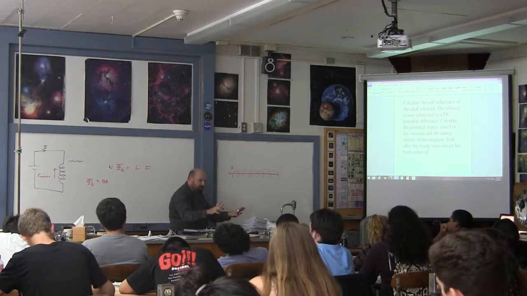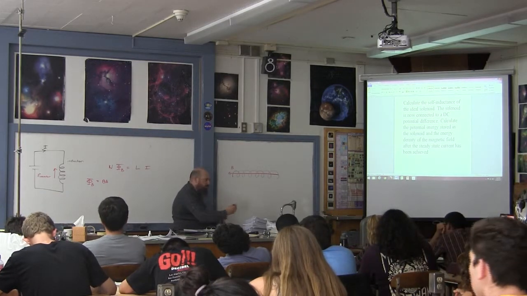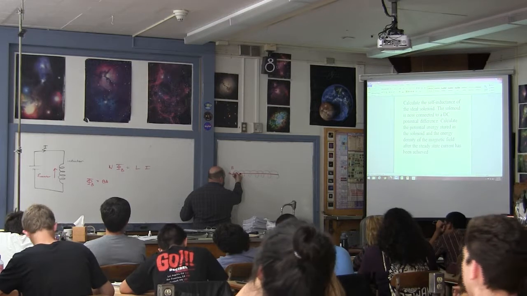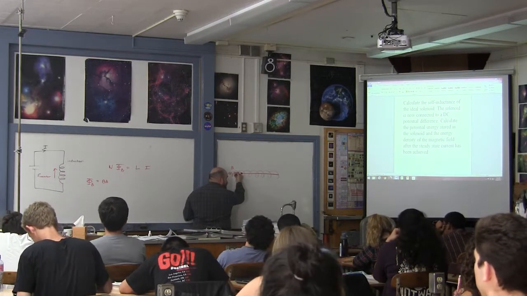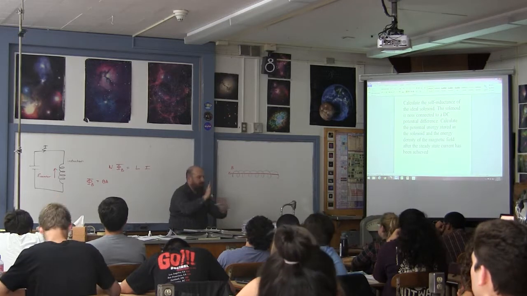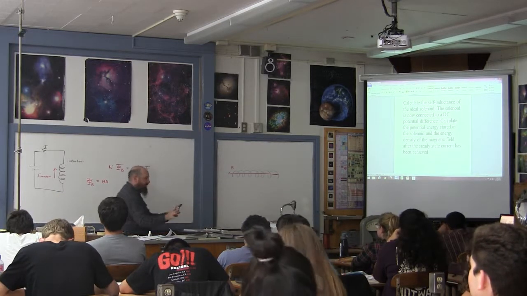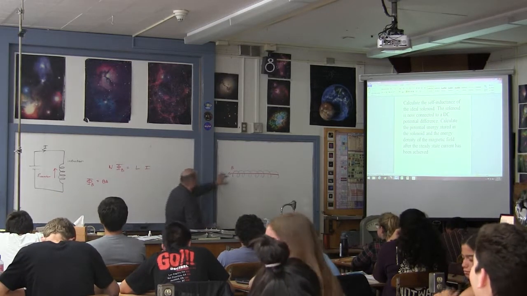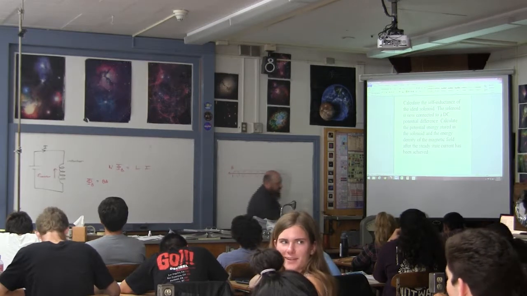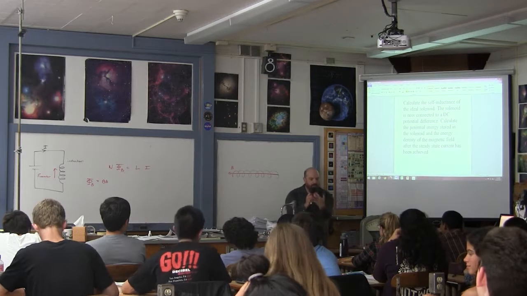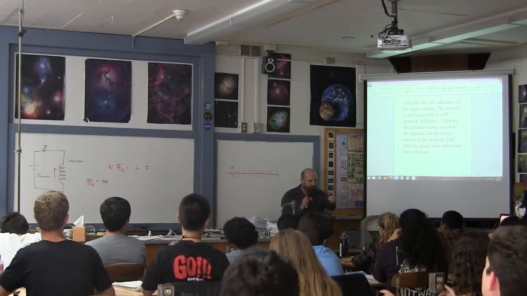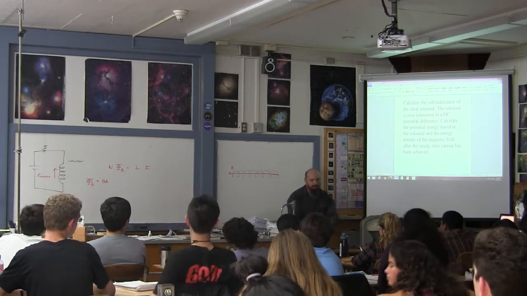The area vector associated with each individual loop is just in this direction. So the magnetic flux, integral B dot dA, is just B times A. It always will be, and nothing else. Easy enough, where A is the cross-sectional area of our tunnel. So right here is my solenoid, right here's the area A, and then the B field just points in that direction. That's what the flux is.